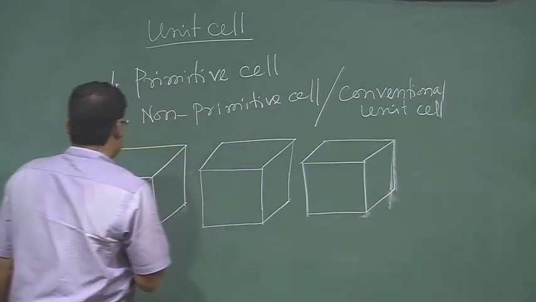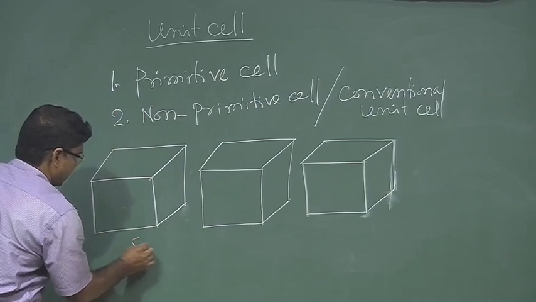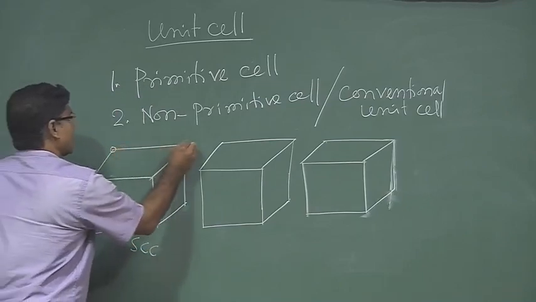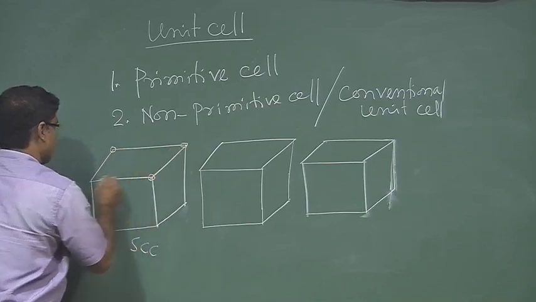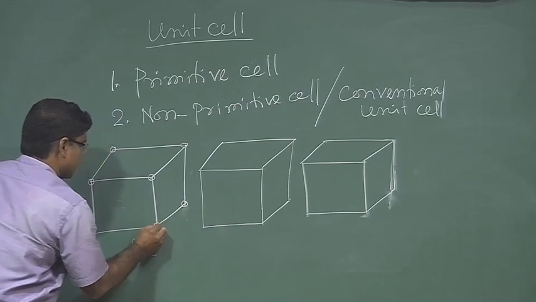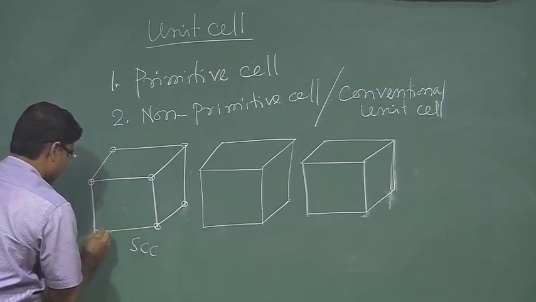So, say this is a simple cubic crystal. That means it has 8 corners, and in each corner there is a lattice point.